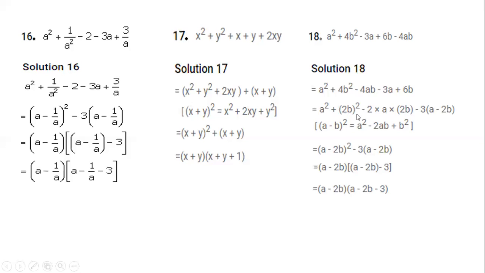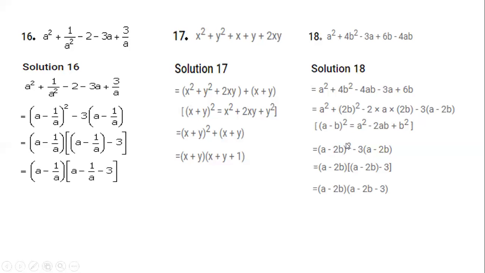These three terms will give you a minus 2b whole square according to this formula. Now from 3a and 6b, can I take minus 3 common? Yes. Take out minus 3 as the common quantity, and we are left with a minus 2b. So our term will be a minus 2b whole square minus 3 into a minus 2b.